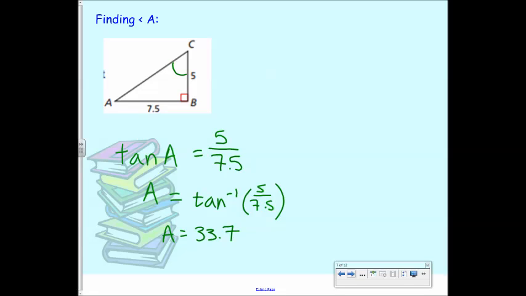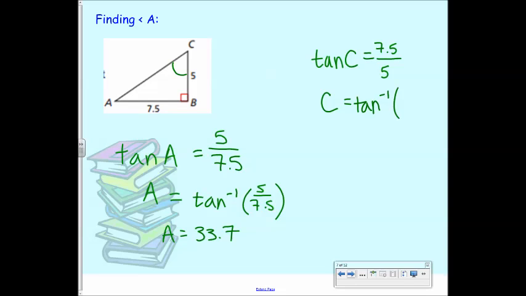So that goes on top over 5. And again, how do I get rid of tan? Tan negative 1. So C would equal tan negative 1 of what? 7.5 over 5. 56.3.